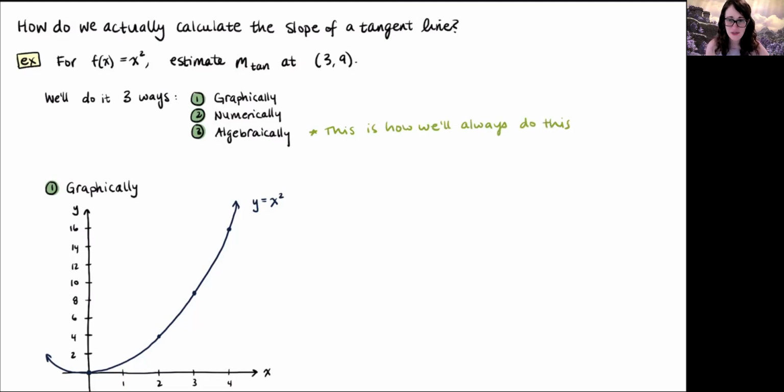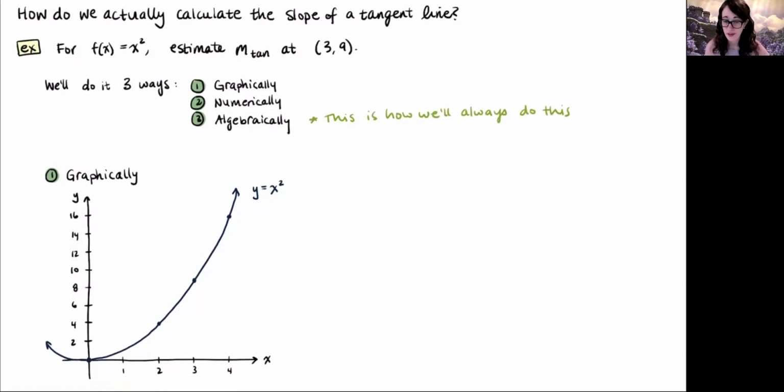So take a second to sketch a pretty sizable, nice graph of the function y equals x squared. We're just focusing at the point 3, 9, so I'm only using the positive x-axis and the positive y-axis. So we find the y values.